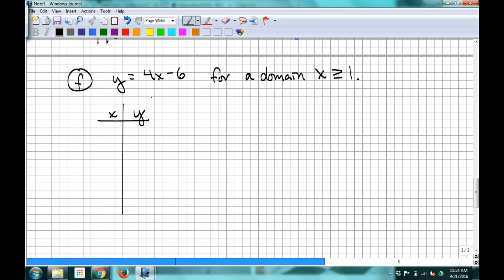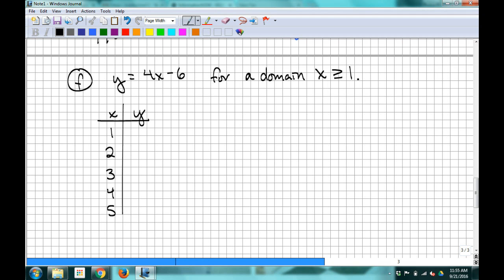So what's the smallest x value that I can pick? 1. And then I have to pick 2 or 0. Why 2 and not 0? 0 doesn't fit the inequality. 0 is not greater than or equal to 1. So I've got to go 1, 2, 3, 4, 5 and plug those in, because the domain told me it had to be x values greater than or equal to 1.